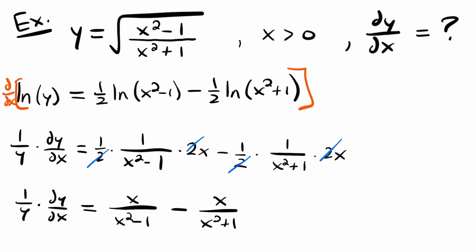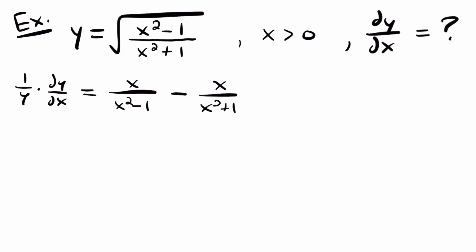All right, and so then if we clean up our work here, our next step is going to be to combine these two fractions by giving them a common denominator. And so all we have to do to get a common denominator is multiply each of them by a form of 1 of what is in the other fraction's denominator. And so what we'll have is that 1 divided by y times dy dx is equal to x divided by x squared minus 1 times the denominator of this fraction, x squared plus 1, as a form of 1.